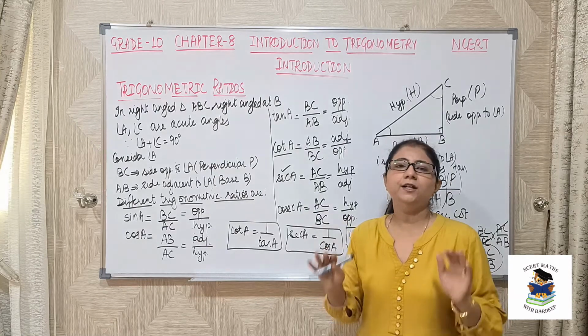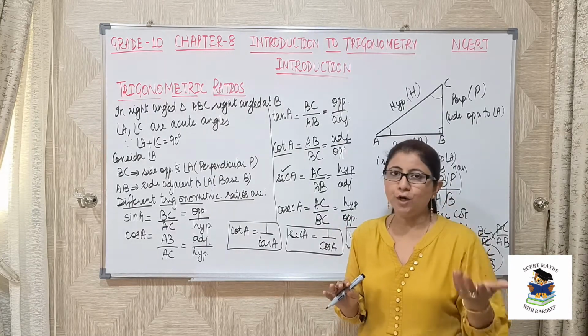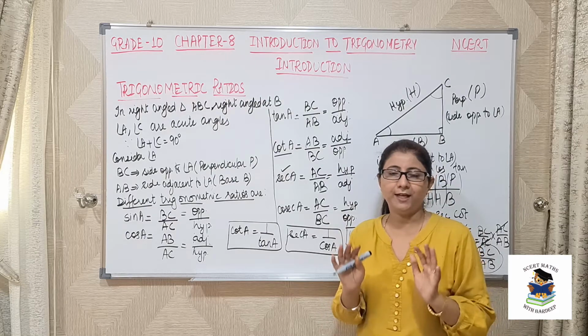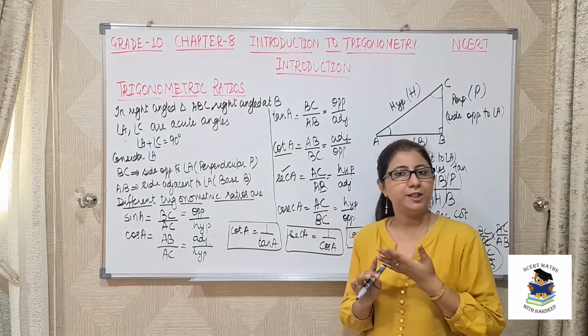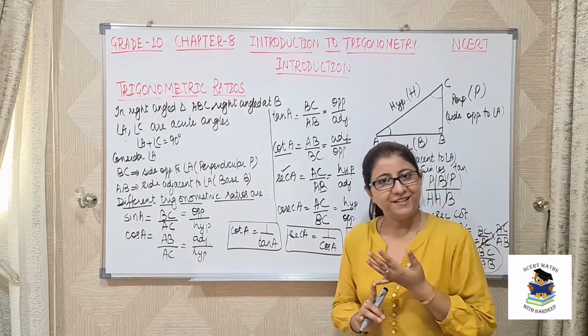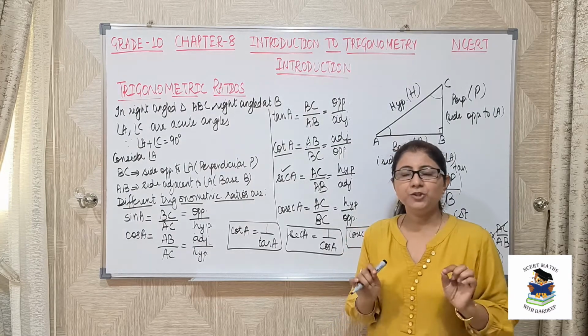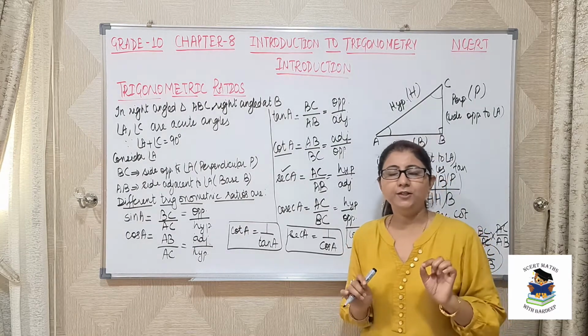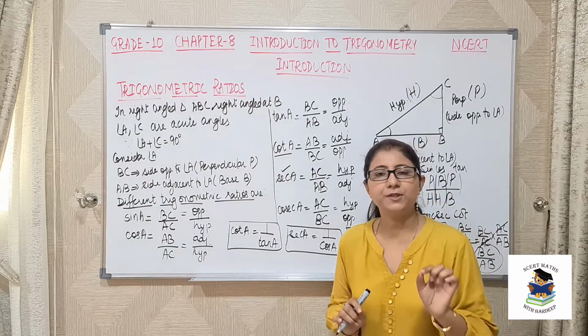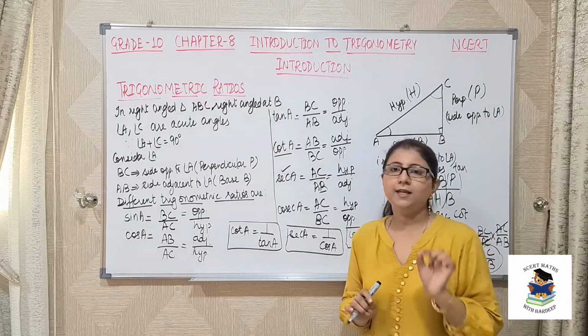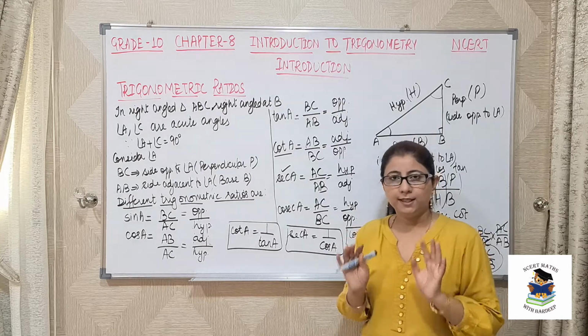So whatever angle you are considering, accordingly you have to substitute the values of opposite side, that is perpendicular, base, that is adjacent side, and hypotenuse. So always make sure that you are putting the values of opposite side, adjacent side, hypotenuse correctly.